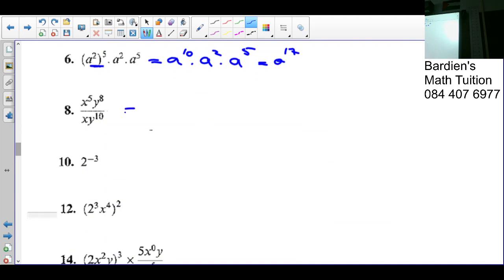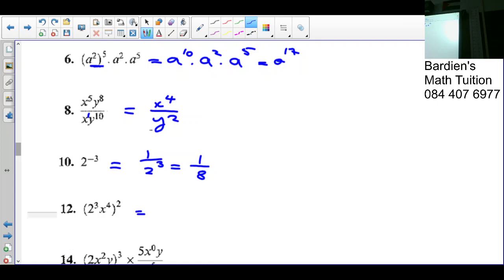Next, where's there more x's? 5 minus 1 is? Where's there more y's? 10 minus 8 is? The next one? 1 over 2 cubed. Which is what? 1 over.